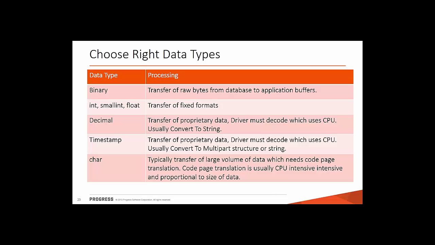And character is considered to be the heaviest when it comes to processing, because you need to do a code page translation on all the character data that you are fetching from the server. Actually, code page translations are not that CPU intensive, but the cost is always proportional to the size of data that you are processing. So if you have a large amount of character data coming from your server to client, this will definitely impact your performance.